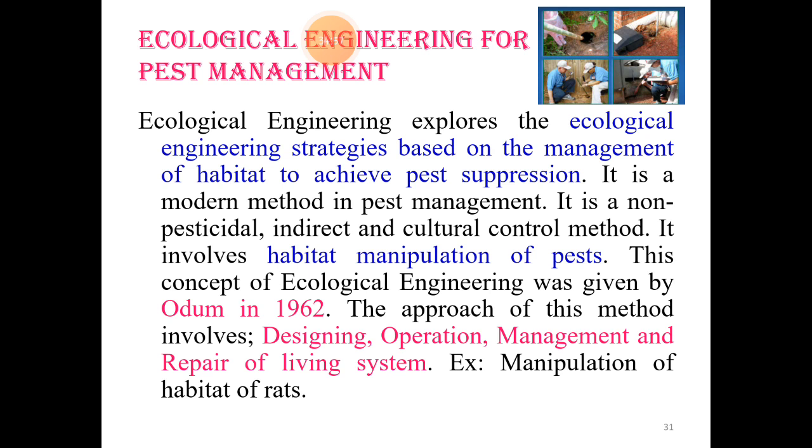If we could use some predators at the habitat of the pests, nearer to the place where these rats are, if you could place a cat, it is called suppression. So, sanitation, excision, and suppression are the major methods by which you can have the process of ecological engineering.